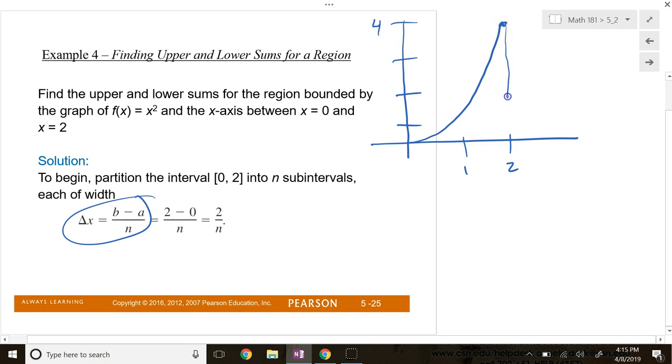We're going to go from here to here, find the upper and lower sums of the region, and partition this into n subintervals.